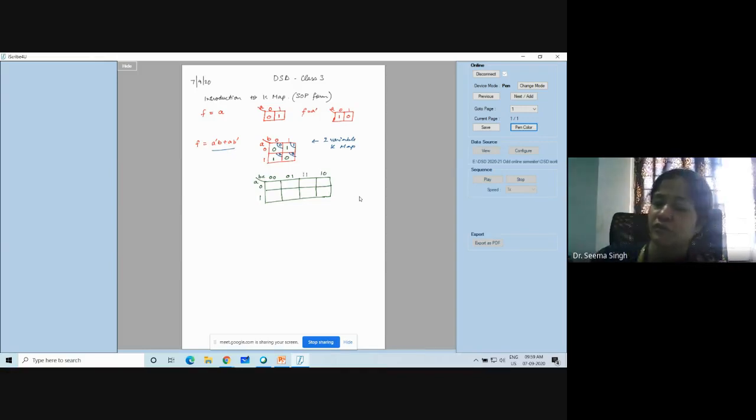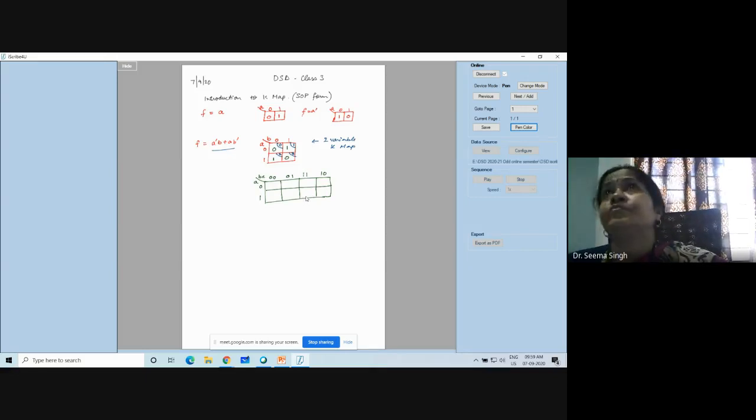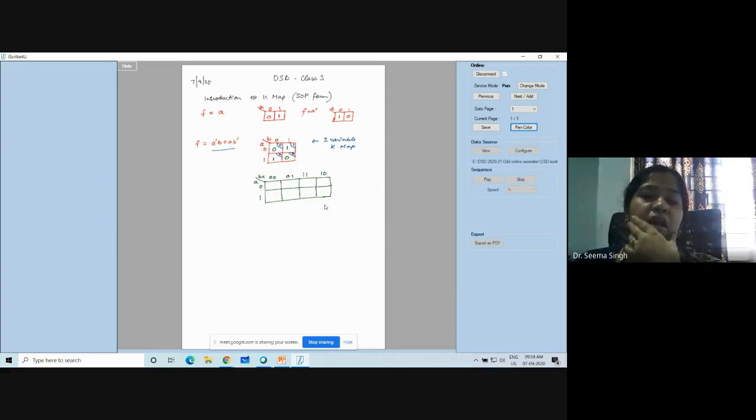Why do we do this? Why did I write 1, 1 here and not 1, 0? Because when we combine two functions, what do we generally do? We do A plus A bar. We need to see that two adjacent cells have only one variable complement change.